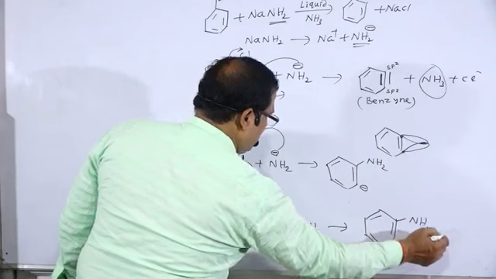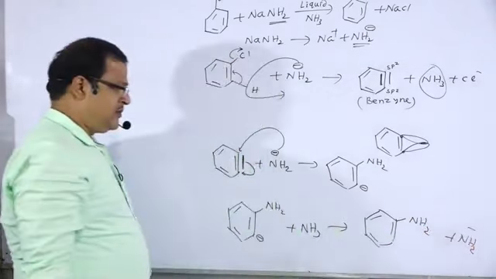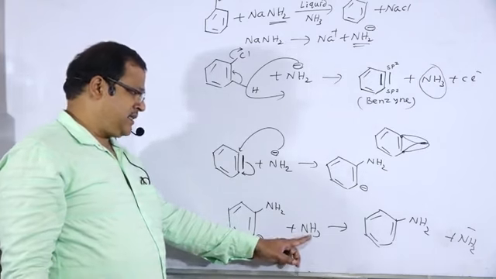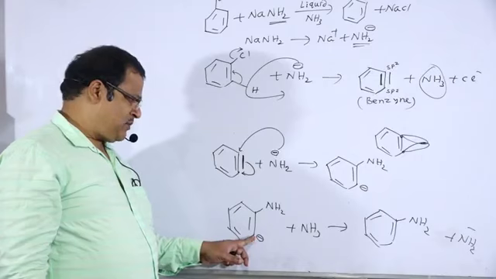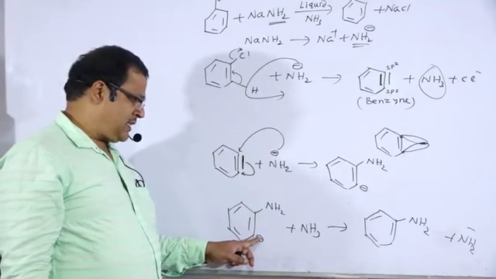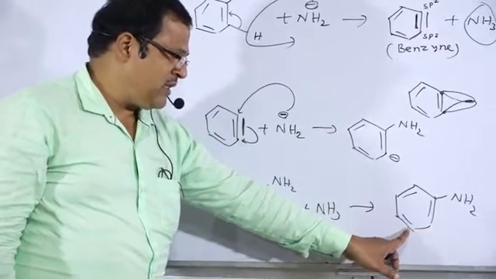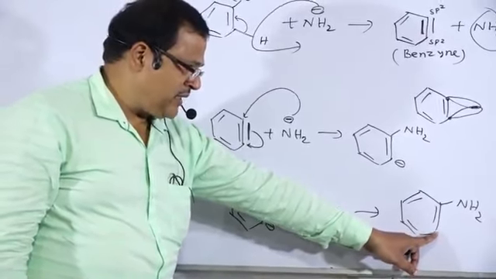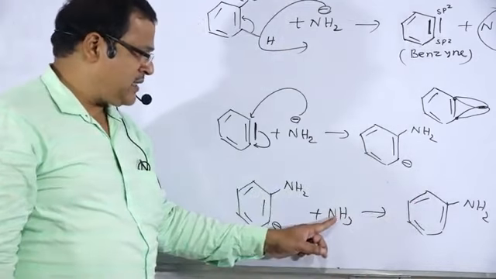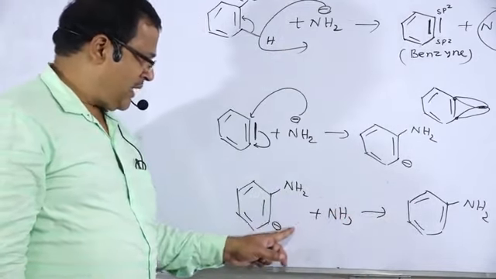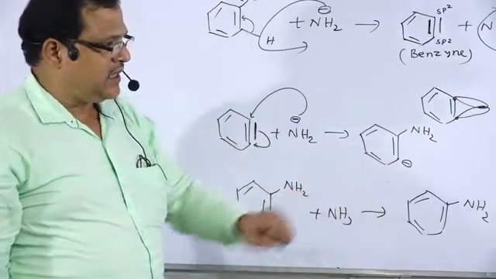NH3 will provide that H plus to this position. H plus and negative charge, a hydrogen atom is attached to this position. We are not mentioning it, but there is the presence of hydrogen atom in all these positions. So NH3, after the removal of that H plus, after the addition of H plus to this side, remains as NH2 minus.